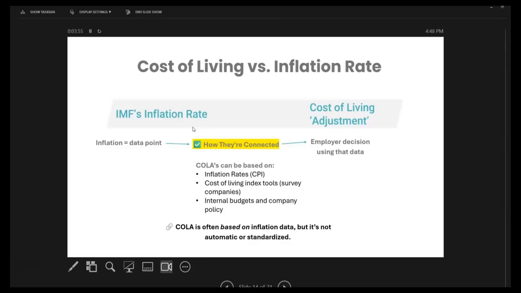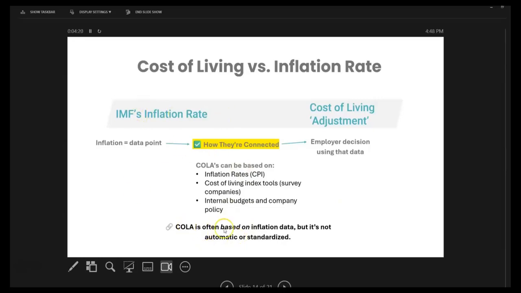Basically, it's a data point that you can use to build a case or to help balance out with other data points. So you could be using other tools. You could be looking at the internal budget, company policy, and that's all part of helping the company decide what to do in these cases.